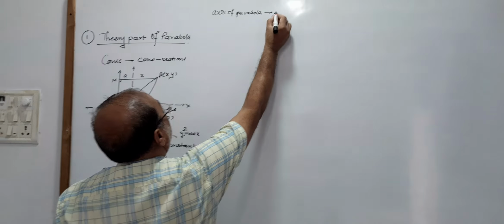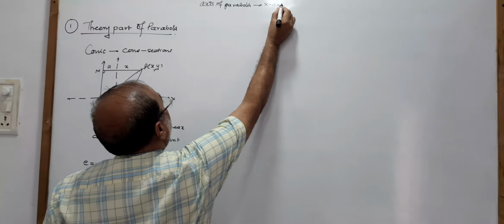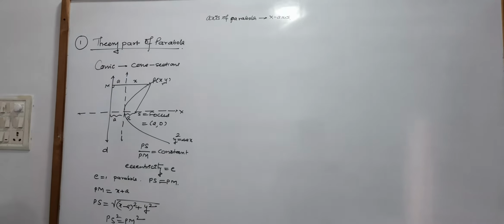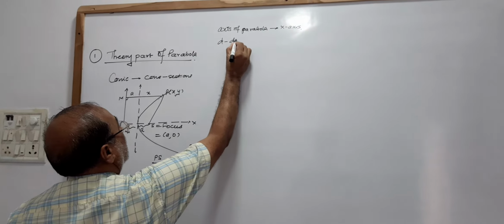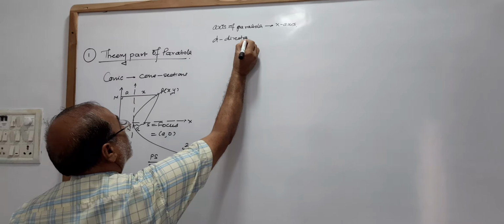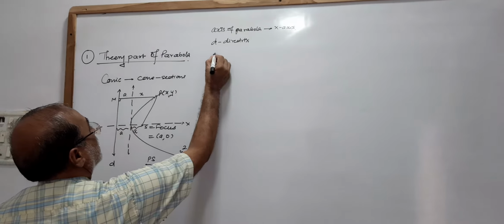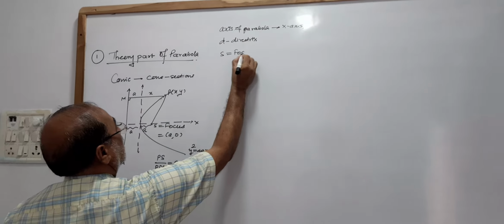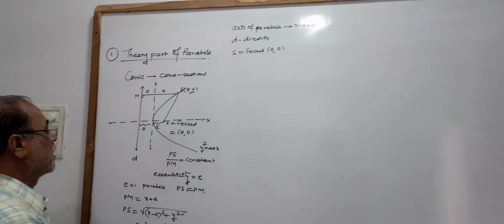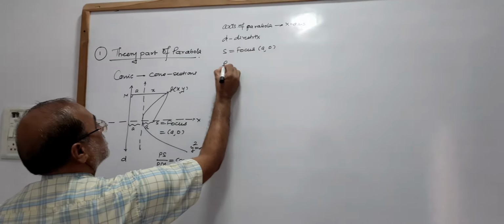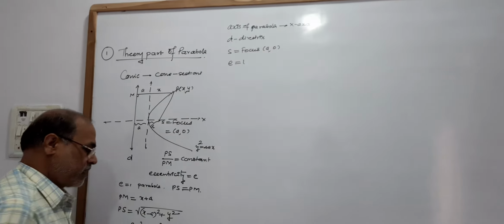D is the directrix of the parabola. S is the focus (a, 0). Eccentricity is always 1 for a parabola.